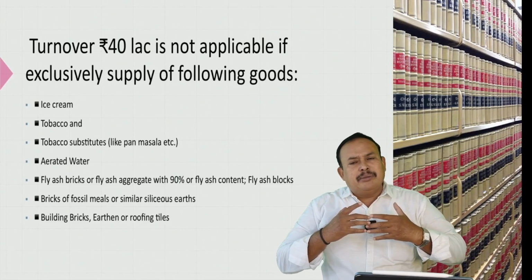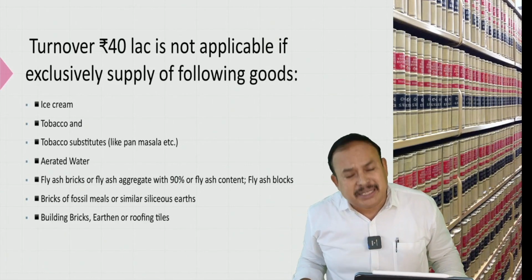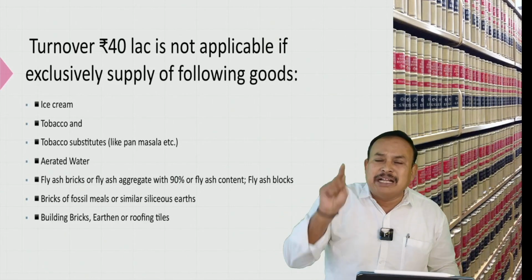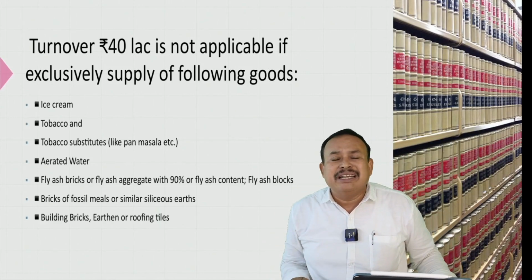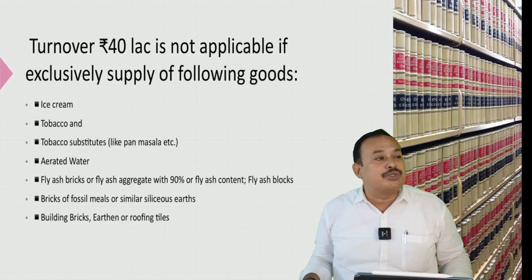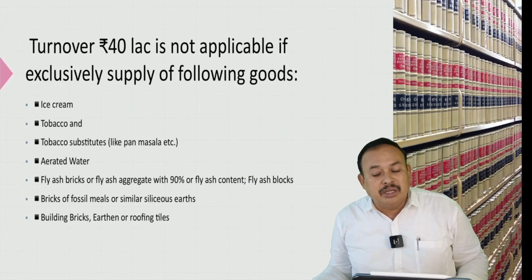The higher turnover limit of 40 lakhs is not applicable, even if you are in the state of Tamil Nadu alone, if you are dealing with the following type of goods. What are the goods?